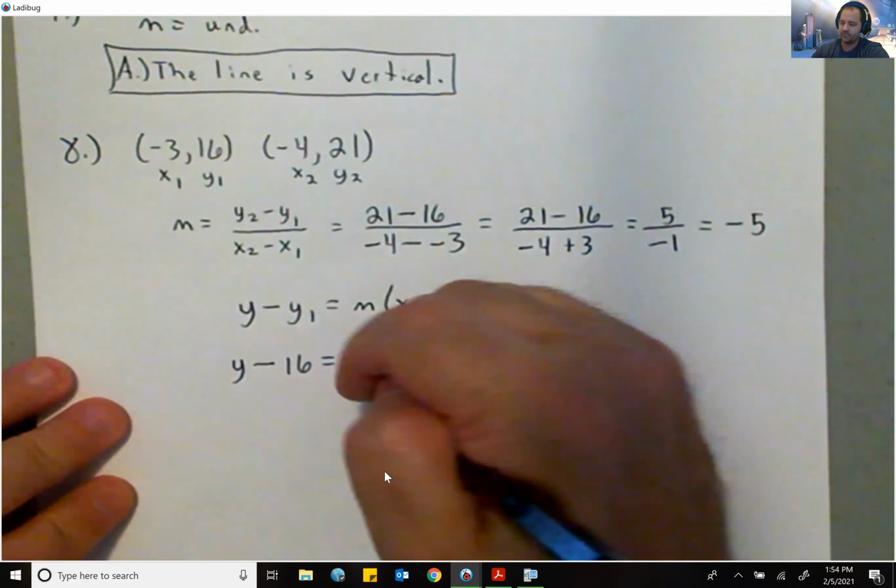And over here, we still have y minus 16. And now what? One more move. Plus the 16. That 16 will get added on to the end. So we end up with y equals -5x, what? Plus 1. There's our equation.